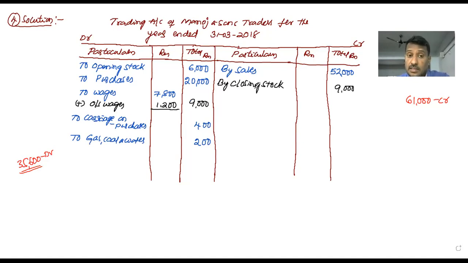So in this trading account, the total amount of credit is higher than the total amount of debit.